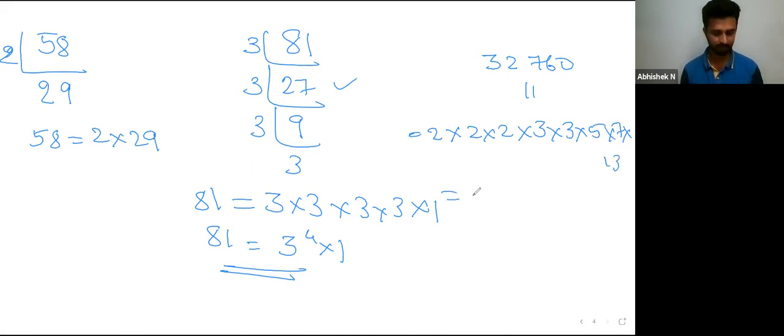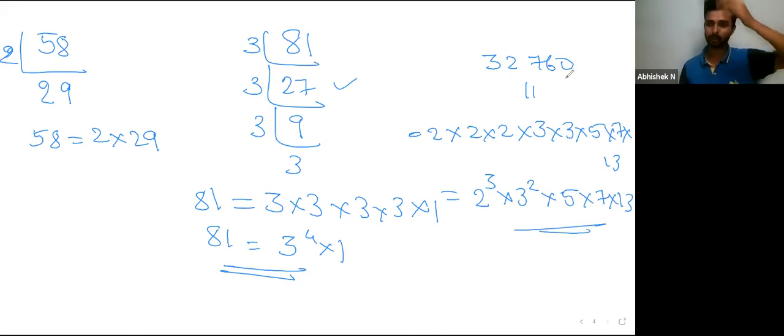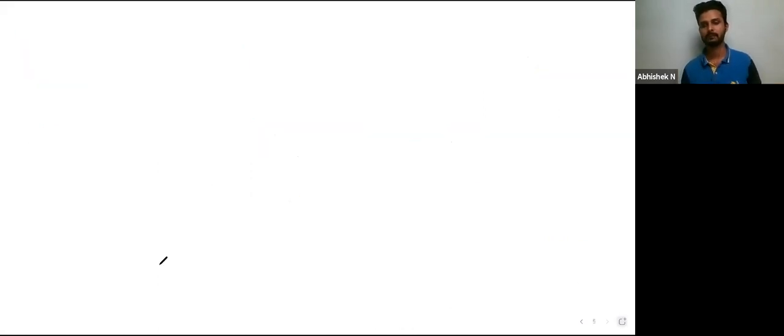Further, it can be simplified as 2 cube into 3 square into 5 multiplied by 7 multiplied by 13. So the prime factorization of 32760 is 2 cube into 3 square into 5 into 7 into 13. Clear?